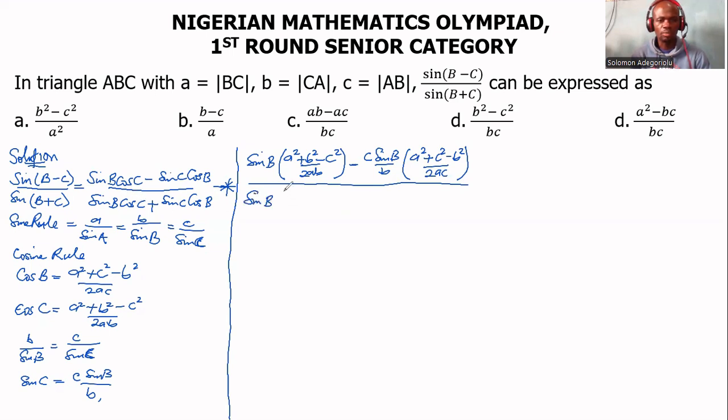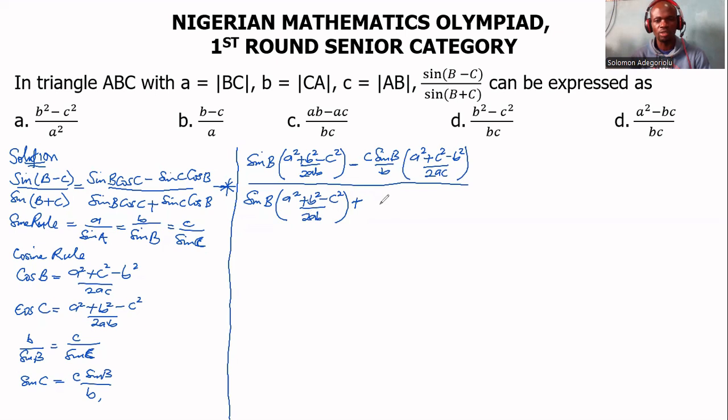Then cos C. What is cos C? Still the same thing here. That's A squared plus B squared minus C squared over 2AB. Close the bracket. And this is plus, not minus, because we are going with this. Then we have our sine C. What's our sine C?